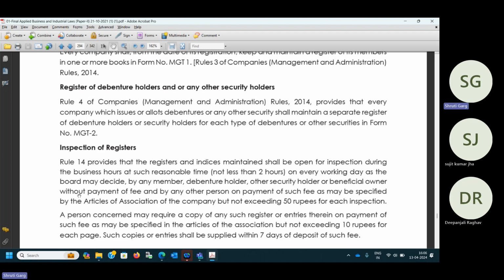This inspection can be done without payment of fees by the members, and by any other person on payment of such fees as may be specified by the articles of association of the company, but not exceeding 50 rupees for each inspection.